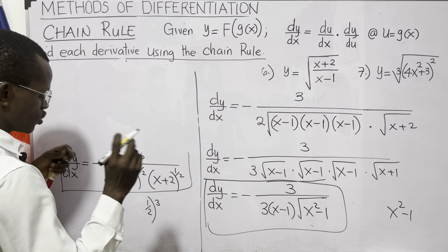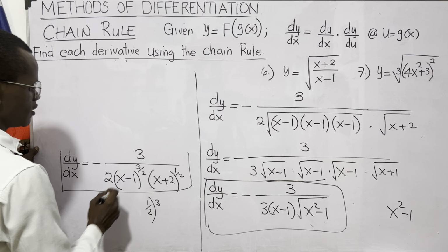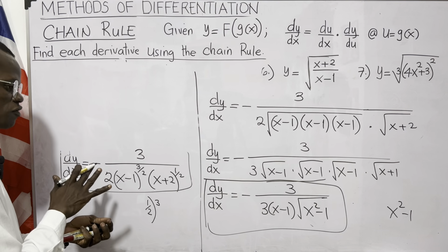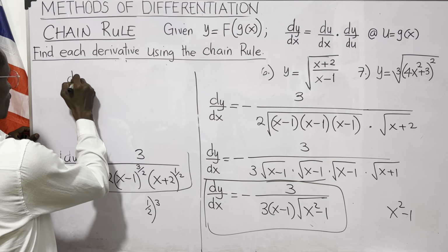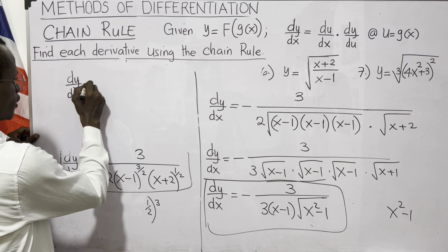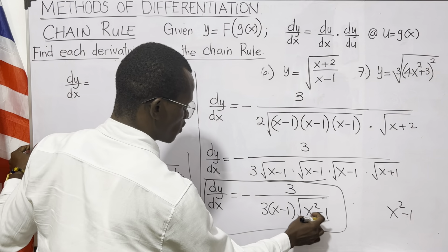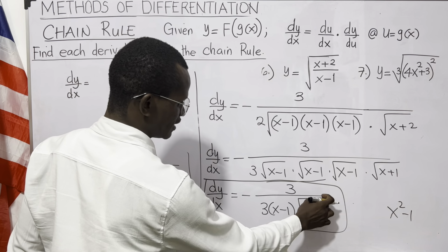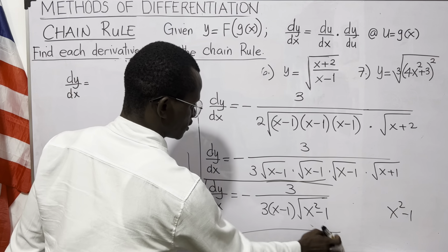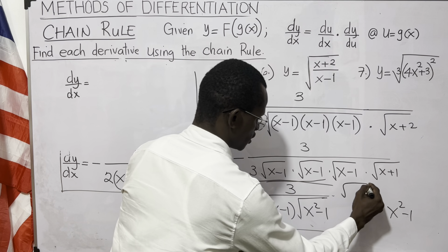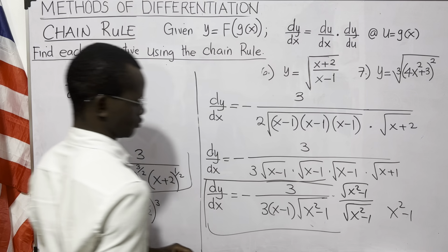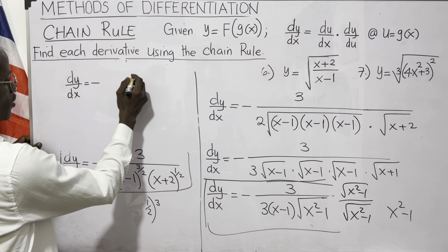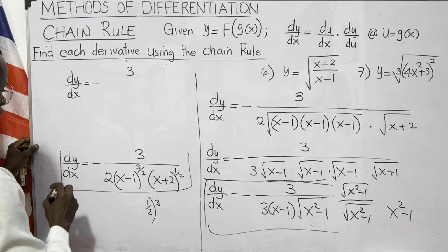Our basic concern in this problem is to find the derivative and simplify it at least so that it is in a compact form. So another student can say, I want to get rid of this square root from the denominator, so you can rationalize this. So it will be the square root of x squared minus 1 divided by x squared minus 1. I think the 1 was a 2, right?